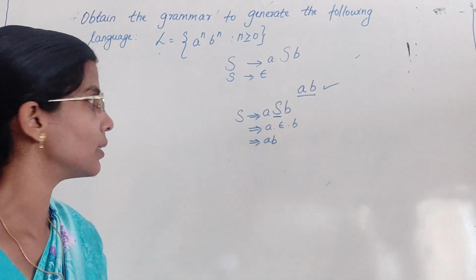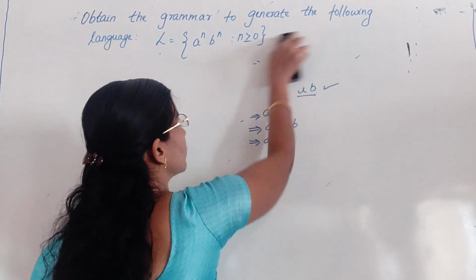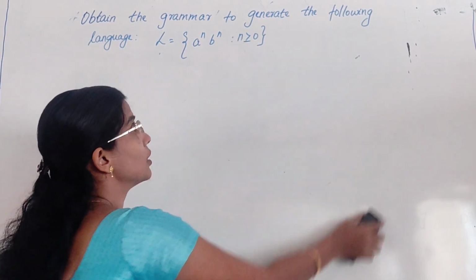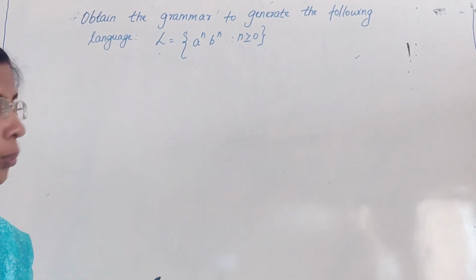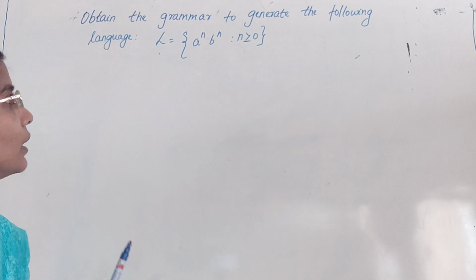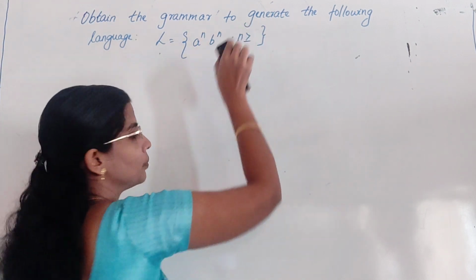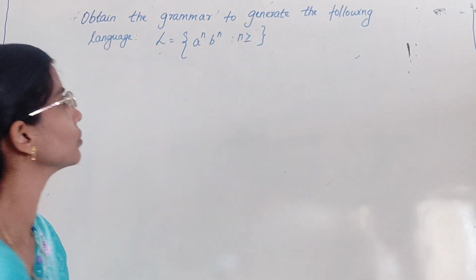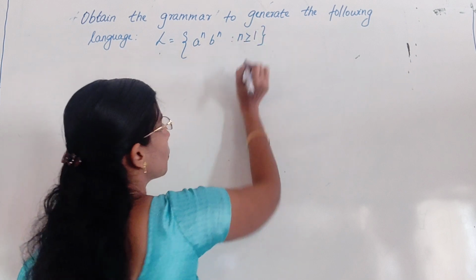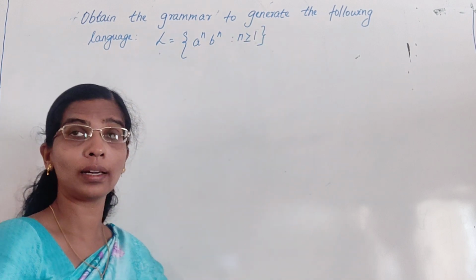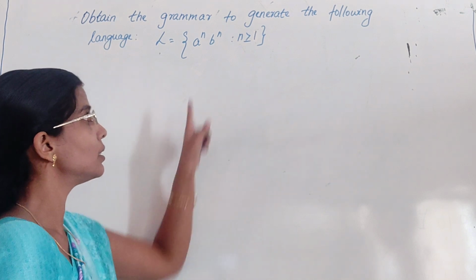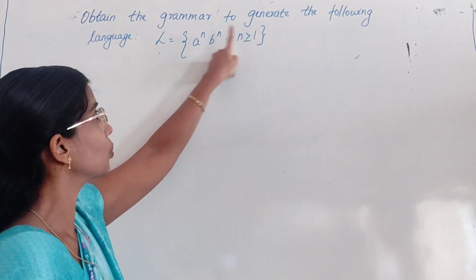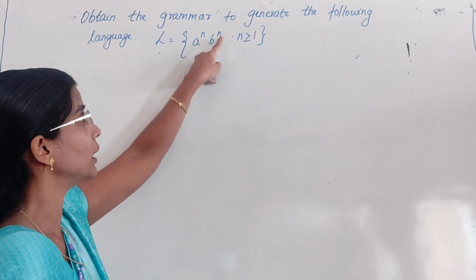One more sum we can see. Suppose n is greater than or equal to 1. What is the minimum string? Apply 1 here.